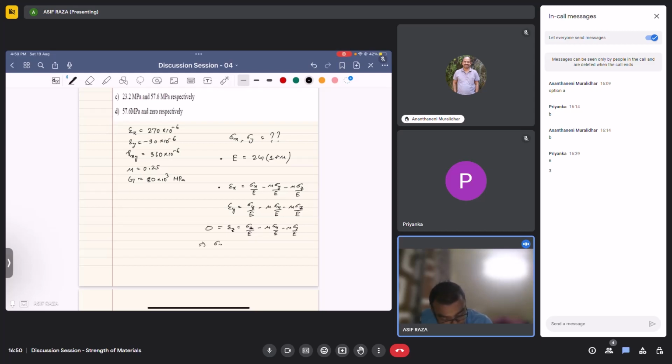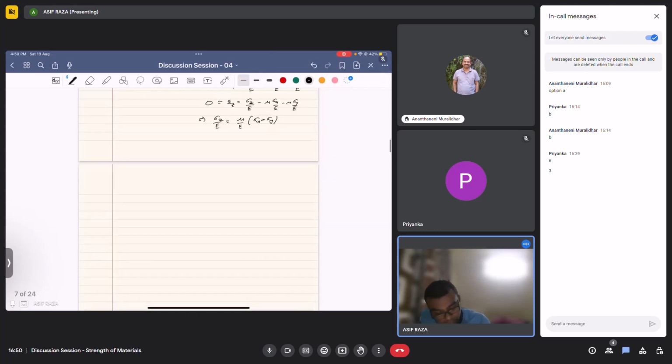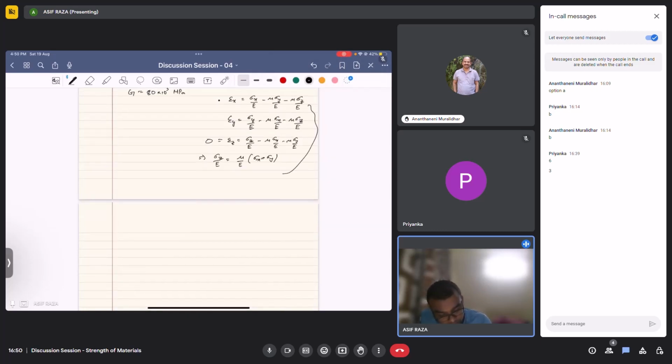So we'll have sigma z by E equal to mu by E times sigma x plus sigma y. I hope my approach is correct. Let's substitute this here.